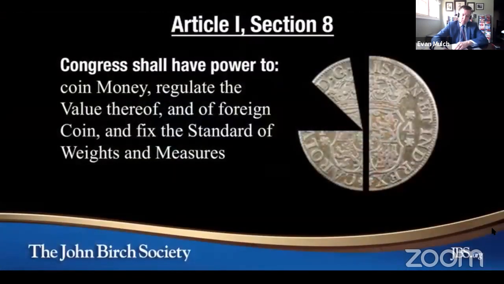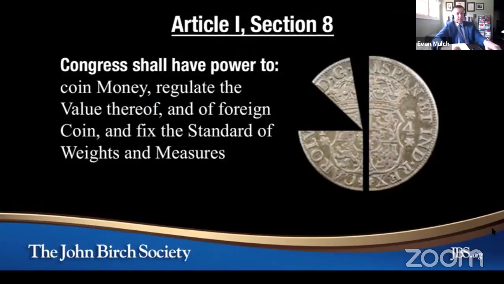Then the coin money power. Congress shall have the power to coin money. They established mints around the country to coin our money. We could bring in our gold and silver bullion, and they would turn it into official US coins. In fact, they felt that the coins and the value of the coin must be very protected. They put very stiff penalties.